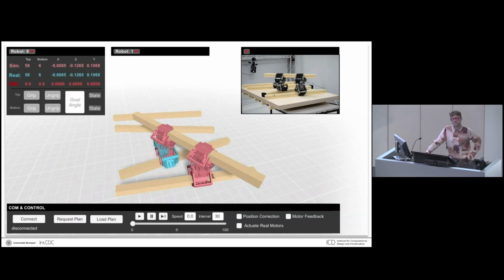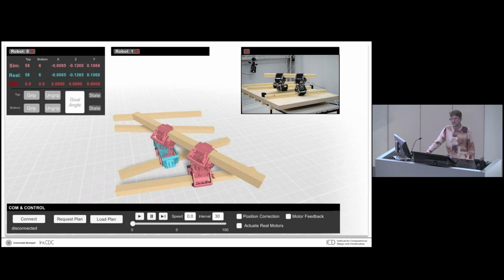And this was all coordinated through a digital twin that we developed, and it allows us to do a lot of things. So that's design, plan, communicate instructions, and monitor the construction process. And what I want to show in this image is what is in the center.